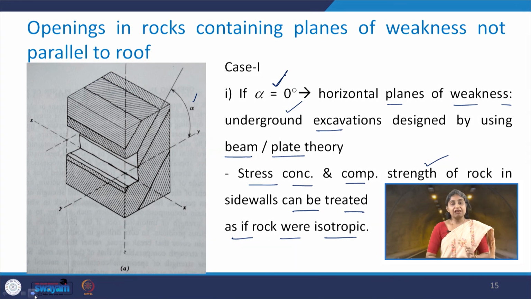Now, alpha can take other values, more than 0. So, we have divided these into three different ranges: alpha equal to 0, alpha varying between 20 to 70 degrees, and alpha being more than 70 degrees. Depending upon the value of alpha, you will have to decide how to go about the analysis of the opening and subsequent design.